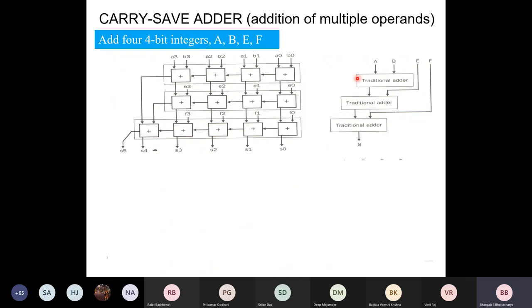Assume that each full adder block has unit delay. 7. Yes, 7, because look at the signal flow, it goes vertically down and then straight horizontal. So 1, 2, 3, 4, 5, 6, 7. Delay is added horizontally as well as vertically. That's how this is interconnected.